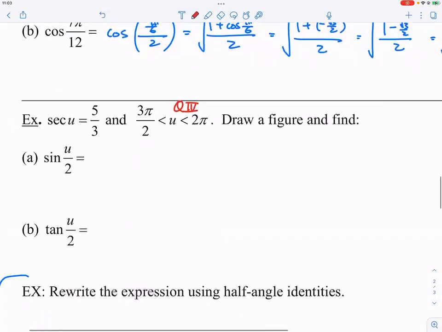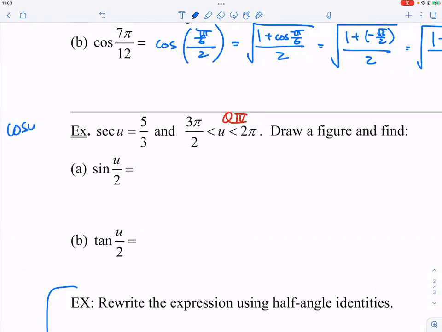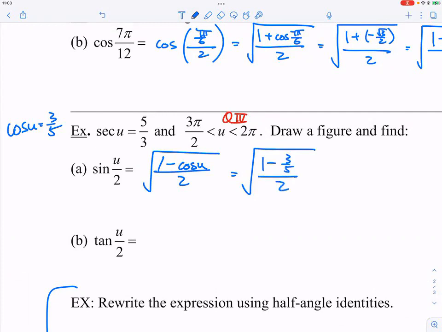Now, what you realize is that for these half angles, we only care about cosine. So if you know secant u is 5 over 3, then cosine u would be 3 over 5. Then sine of u over 2 is the square root of 1 minus cosine u over 2, so 1 minus 3/5 over 2.